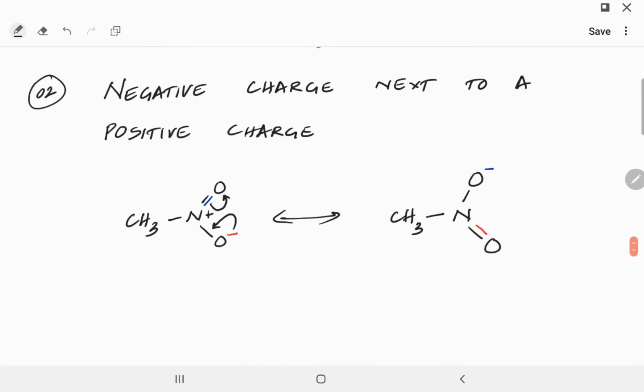I mean, you can try to calculate formal charges, but here's the thing: when you are doing resonance structures, overall charge should always be the same. So you started with an overall 0 charge. Why? Positive charge cancels out the negative charge, so this molecule right here is overall neutral, right?